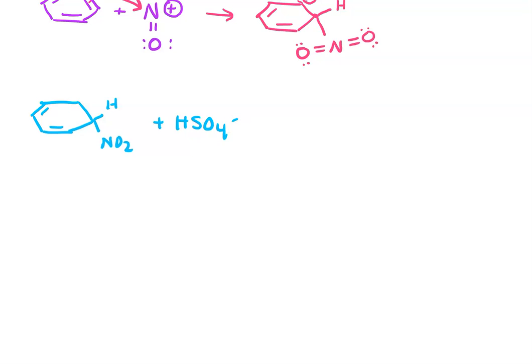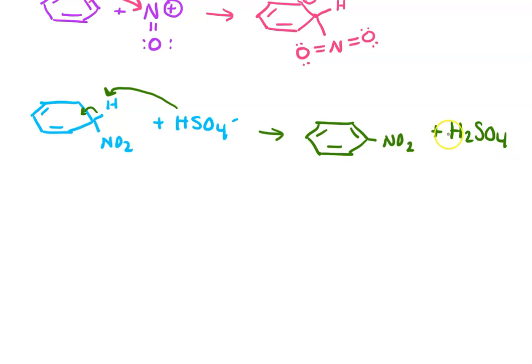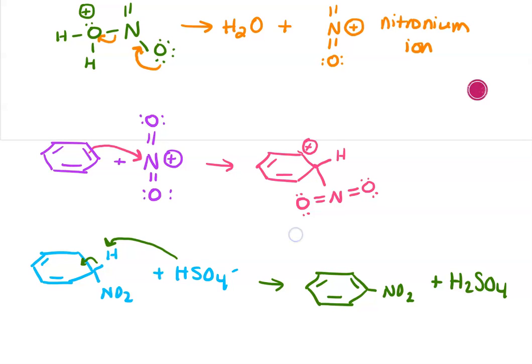That HSO4 is going to come out and grab that hydrogen, and these electrons will fall back into that double bond, and we end up with the double bond intact again, and we have the nitro group on here, and then that H2SO4. So we've recreated our catalyst, and then we have this water that we made up here that is left over, and so that's how we get those things.